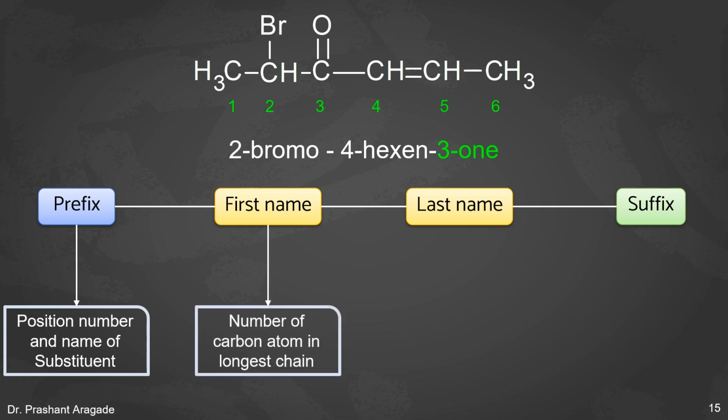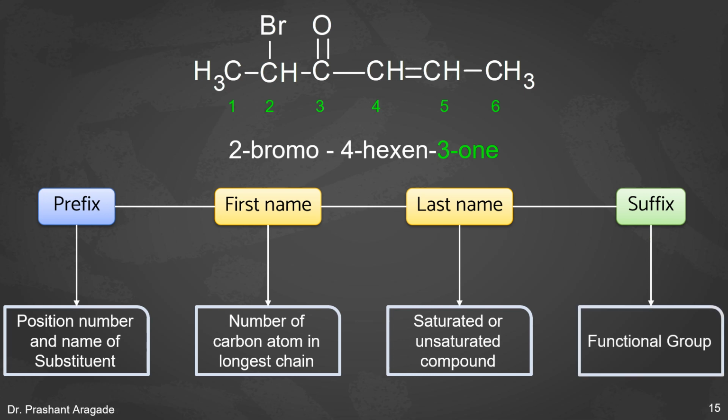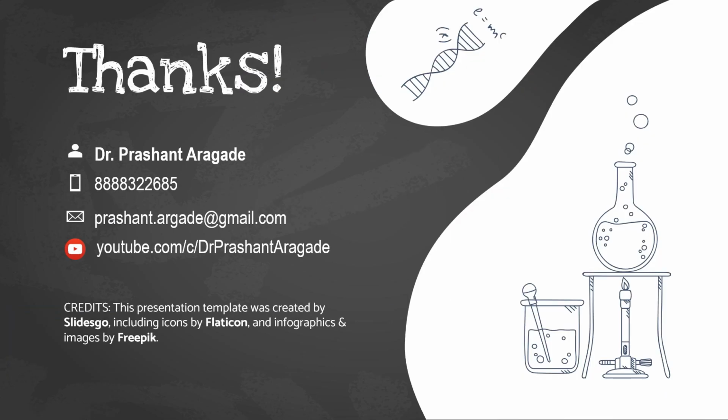First name is derived from number of carbon atoms in a longest chain. Last name is derived from whether the longest chain is saturated or unsaturated, followed by the suffix used for different functional groups. So remember, your name is somewhat similar to that of IUPAC name. So this is all about the smart way to write the IUPAC name effectively.